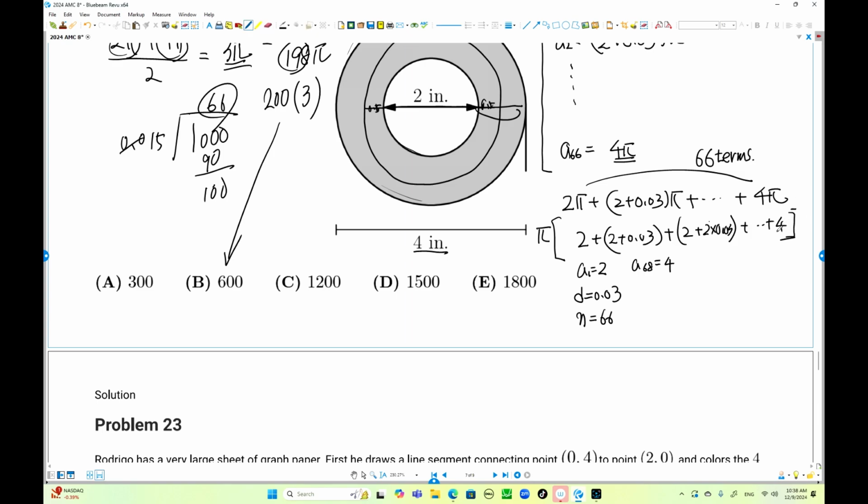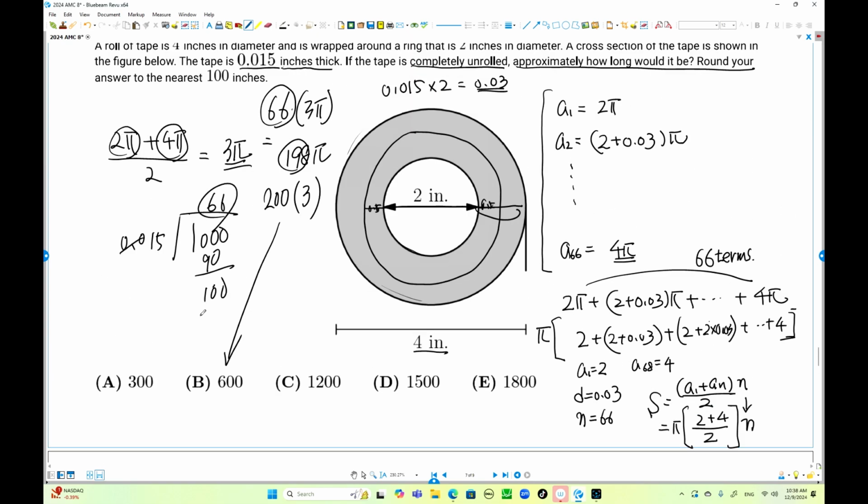What is the sum of these numbers? You understand? First term plus last term, divided by 2, times n. The first term is 2 except for pi, the last term is 4, divided by 2, times the number of terms. That's the same thing as taking an average over here.